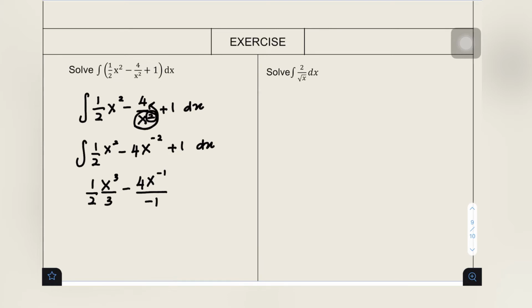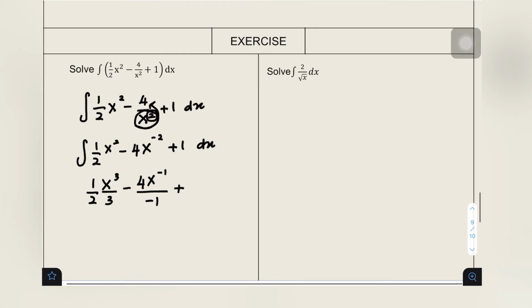Plus, remember just now we learned whenever we integrate a constant, it will become the variable. So now you integrate 1, so 1 becomes 1x. So we just put x, and because this is an indefinite integral, we put plus c at the back of our answer. Okay. So this one has actually completed the process of integration.